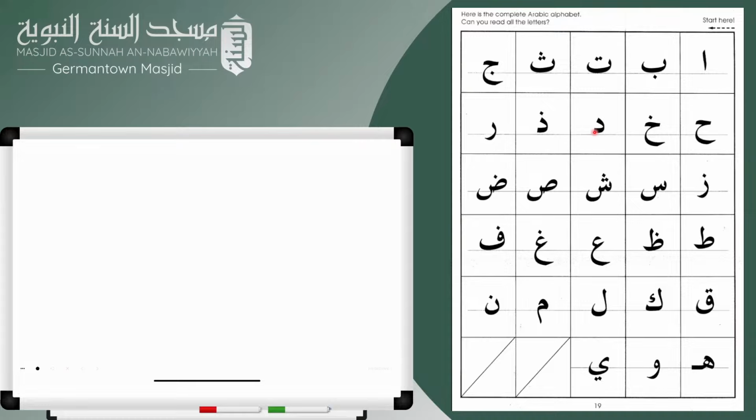So I think the sisters can also look up on the board, on the screen. I want us to review the names and the sequence in which the letters come as a revision of what we did in the last two classes first, before we go into today's class.